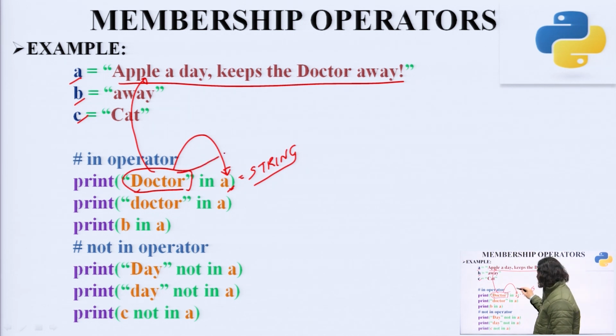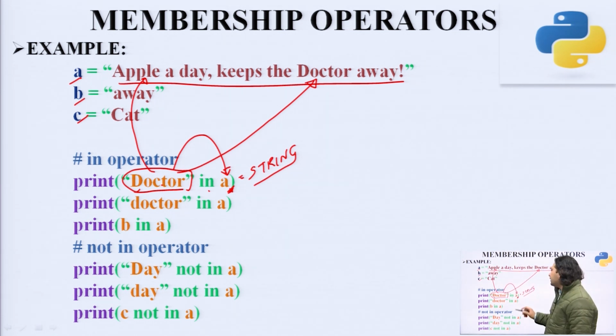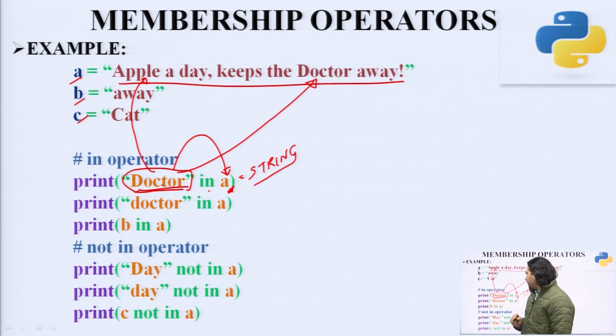You can see clearly that doctor is there, it is a part of this string. That means, for this doctor, the answer is true, because we are finding doctor in A, that is, apple a day keeps the doctor away. So, here we are taking this doctor and searching inside this string.